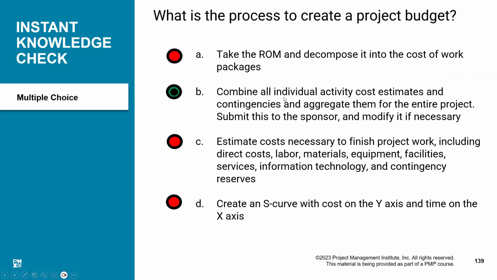You remember that diagram in which we calculated upwards from work package to activities, work package, and then cost accounts and then total budget. That is talking about that. Combine all individual activity cost estimates and contingencies, aggregate them to the entire project, submit this to the sponsor, modify if necessary. That is the correct answer.